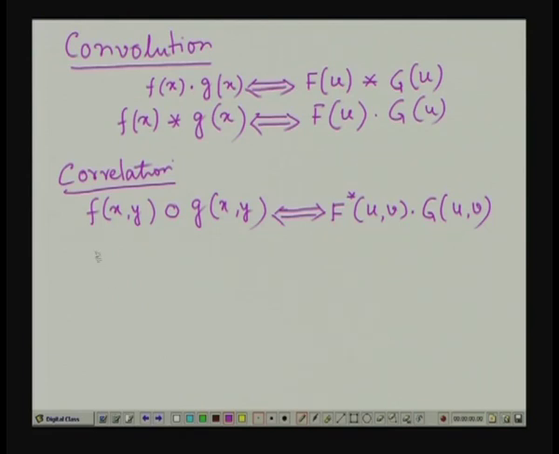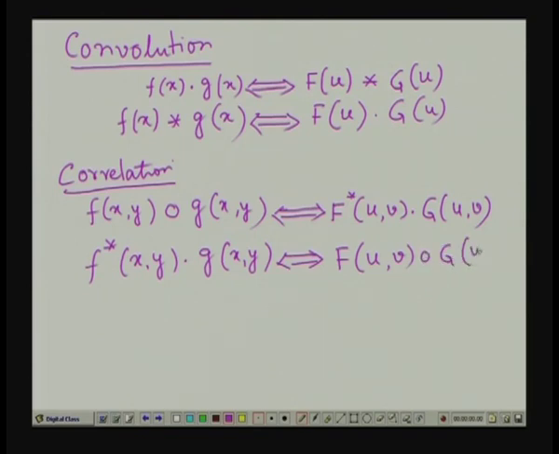And similarly, if I take the multiplication in the spatial domain, that is f star(x,y) into g(x,y), in the frequency domain this will be equivalent to F(u,v) correlation with G(u,v).